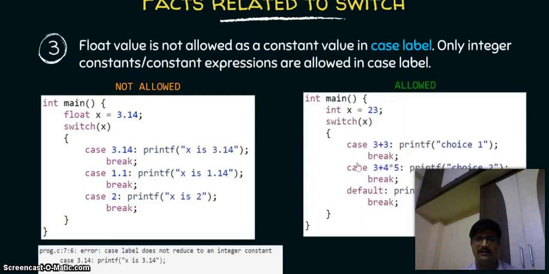On the other hand, writing an expression like 3 plus 3, which finally results in an integral constant, is allowed, and hence it is going to produce the right output. In this case, x value is 23, and 4 into 5 is 20, so 20 plus 3 is 23. Therefore this case is going to get evaluated properly, and choice 2 will be printed.